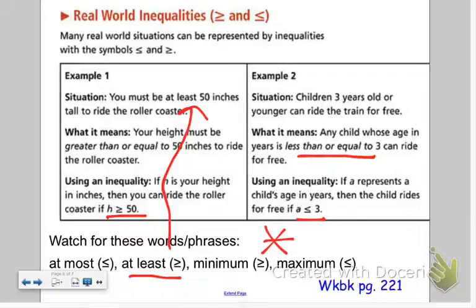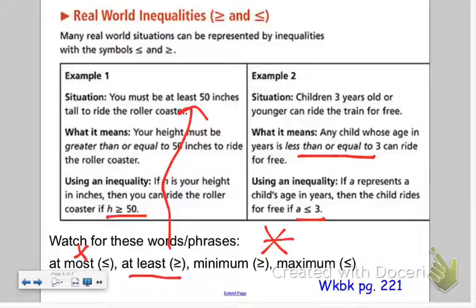That means it must be greater than or equal to, whatever the situation is. So at least is greater than or equal to, which means, if you think about the opposite, at most would be less than or equal to. At most, meaning no more than. So preferably less than or equal to a certain number.